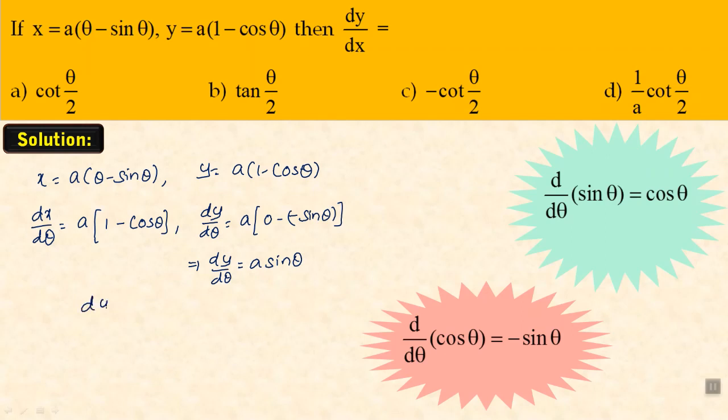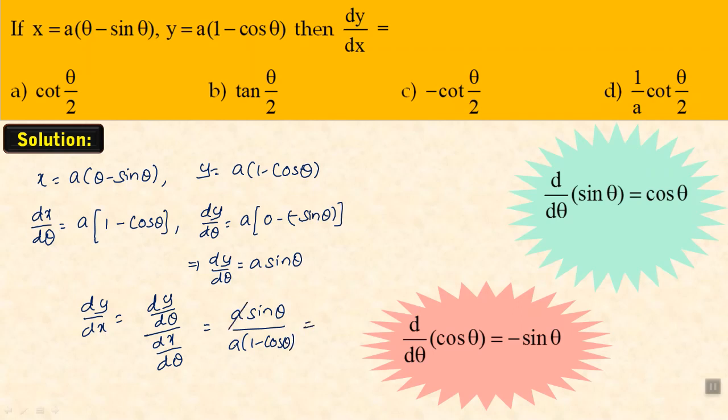Now dy by dx is equal to, here dividing d theta in numerator and denominator, we get dy by d theta by dx by d theta, that equals dy by d theta is a into sin theta divided by dx by d theta is a into 1 minus cos theta.